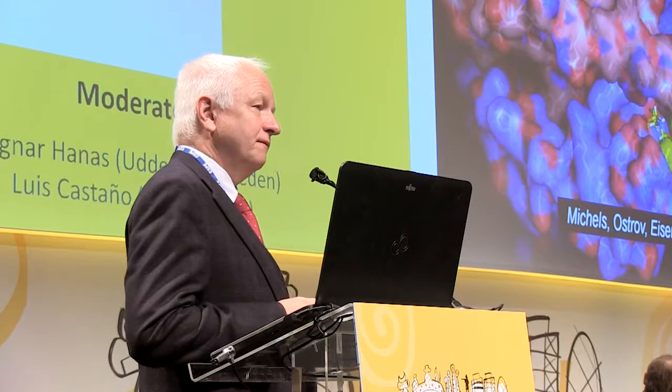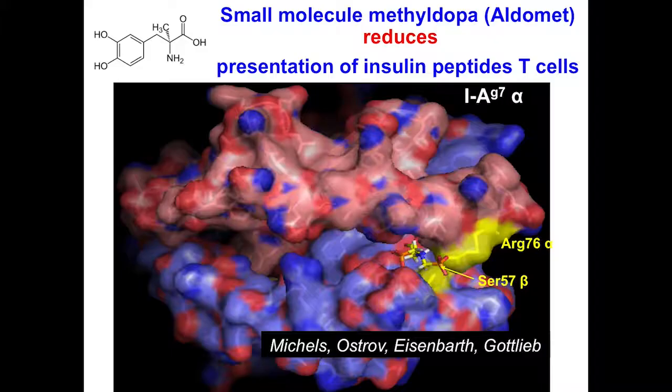We can now prevent DQ8 specifically from presenting insulin or anything else in this groove if it's in contact with certain small molecules. For example, methyldopa, which is a drug for hypertension, Aldomet, has this property of blocking presentation of insulin peptides in the groove of HLA-DQ.